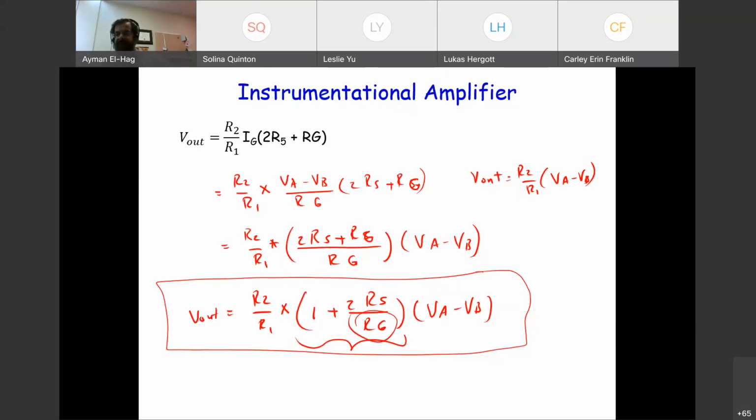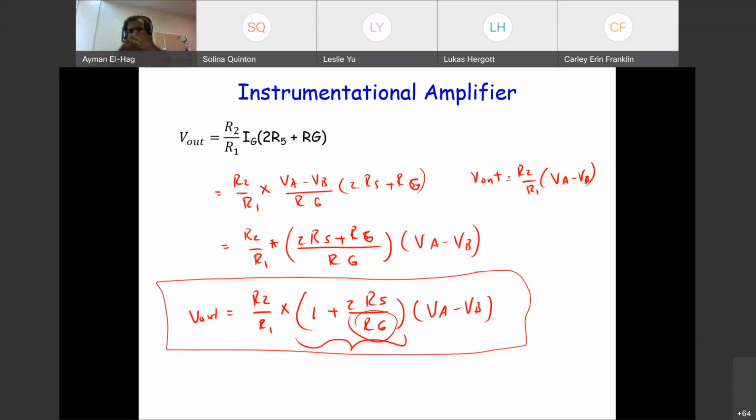So everything in instrumentation that I want is available in the instrumentation amplifier, and this is why it is the standard amplifier. We use it in circuits, and every instrumentation system will have an instrumentation amplifier, but it is built on the understanding of the op-amp. The op-amp is the main building block of the differential amplifier and the instrumentation amplifier.